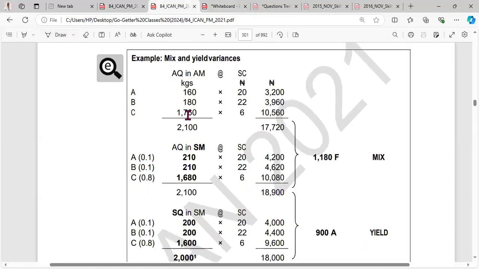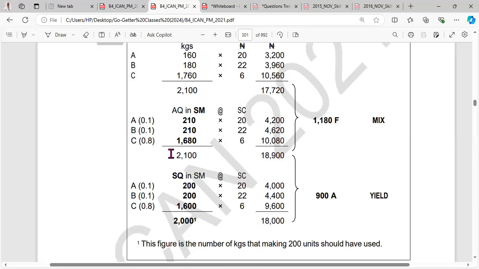So this is that example, with our actual quantity, actual mix. The whole thing we got in the actuals is actual quantity, actual mix, 210. Now this is standard price. This is the standard cost or standard price. All of them use the same standard price. Then, if we are to look at standard quantity, standard mix, it means that you need to first do your standard mix, your standard quantity.